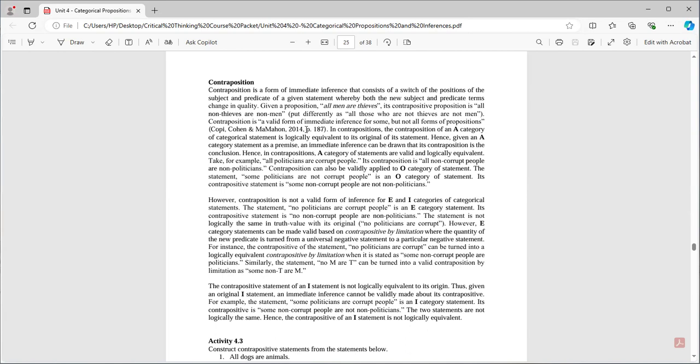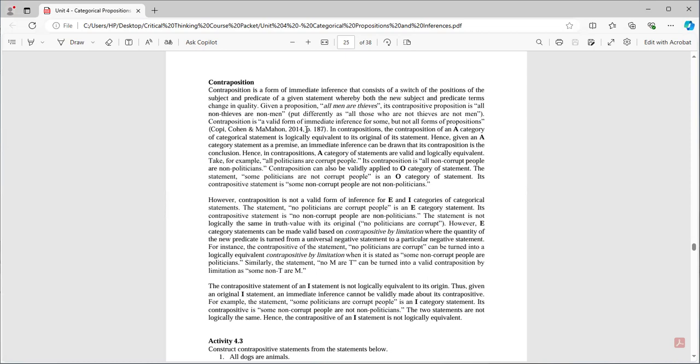So if you say 2 plus 2 is equals to 4, then you can turn it upside and say 4 is equals to 2 plus 2. We are only doing the negation. Or no men are thieves, no non-thieves are men.